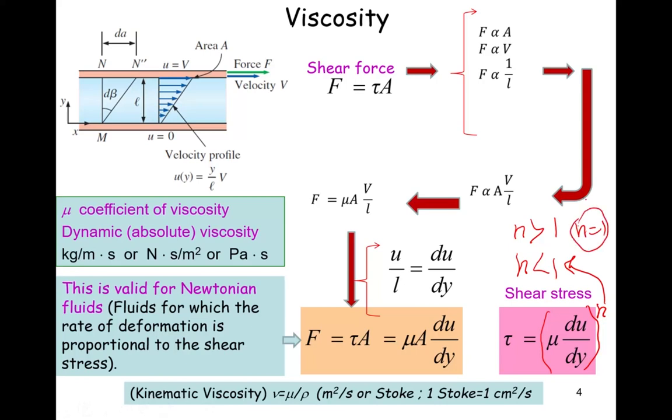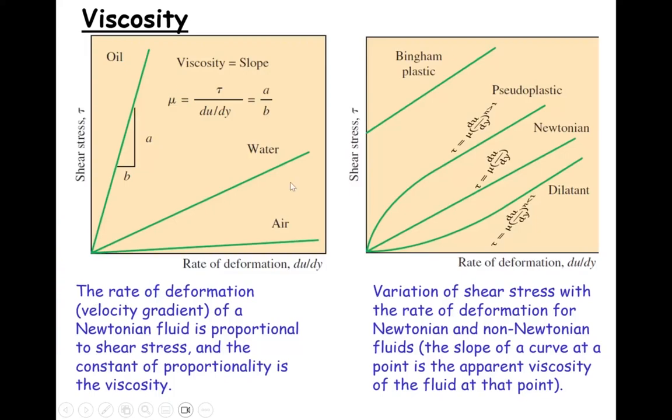If it is 1, it is a Newtonian fluid, as we will see in the next slide. If it is greater than 1, it is called pseudoplastic. If it is 1, it is called Newtonian. And if it is less than 1, it is called dilatant fluid type. But remember, we have Newtonian fluid and non-Newtonian fluid. Non-Newtonian fluids are those where shear stress does not change linearly with the rate of deformation.